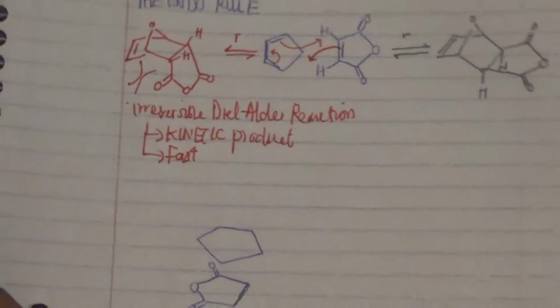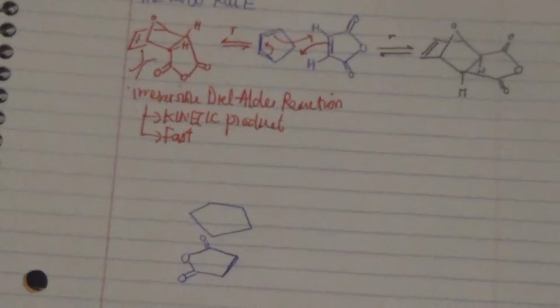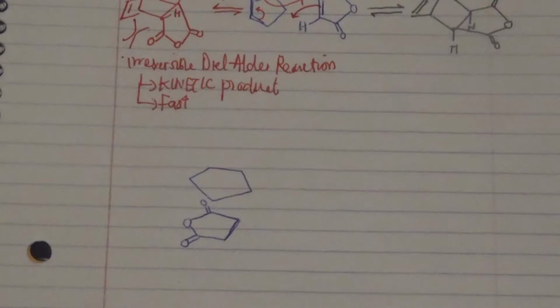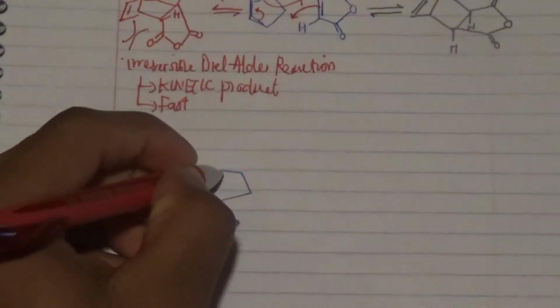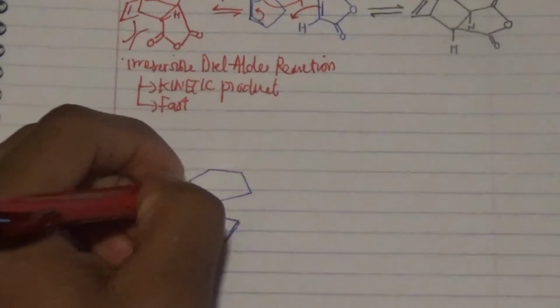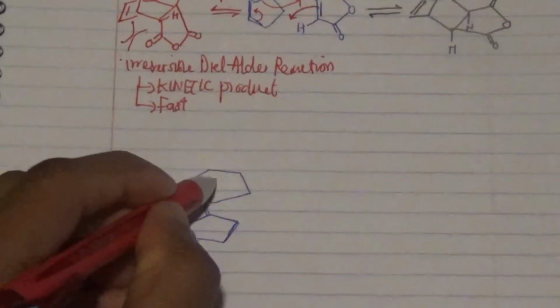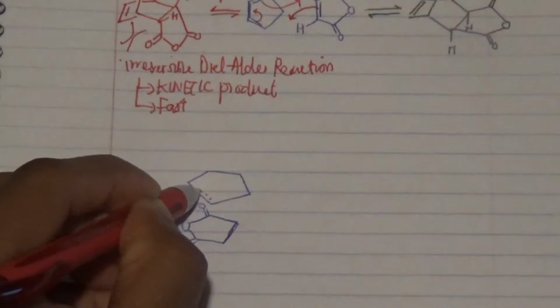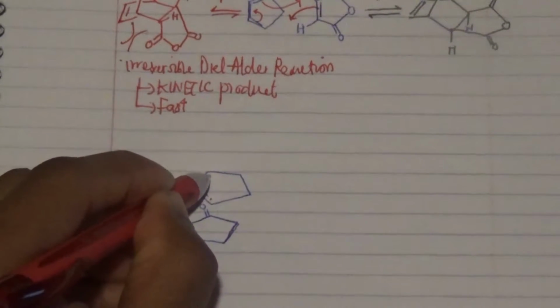So let's go right into how the transition state is formed over here. The transition state shows that in this region, which is our diene, the diene has pi bonds, which show delocalization of electrons in this region.